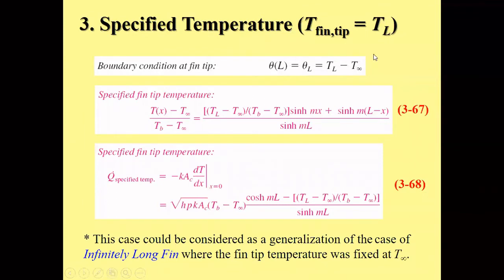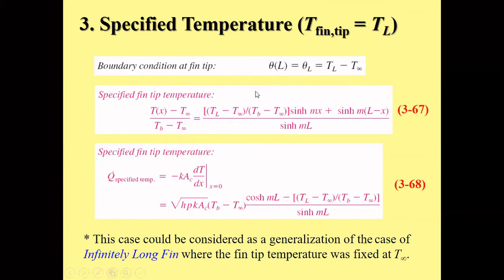So the third case is when you can measure the temperature at the tip, right? So when you can measure the temperature of the tip, you actually have another boundary condition, that is the temperature difference at the tip to the environment. Okay.